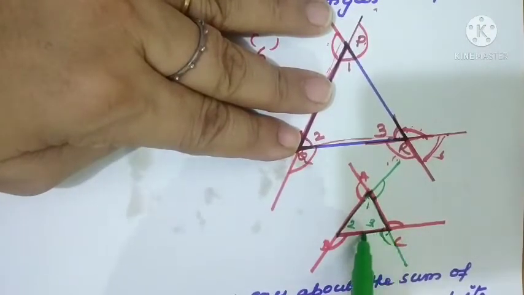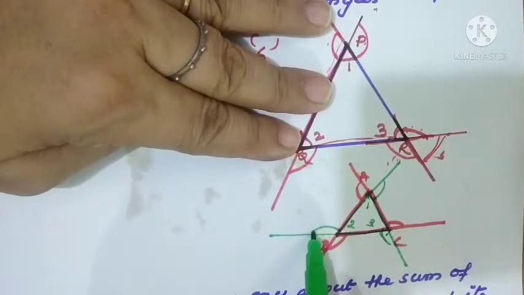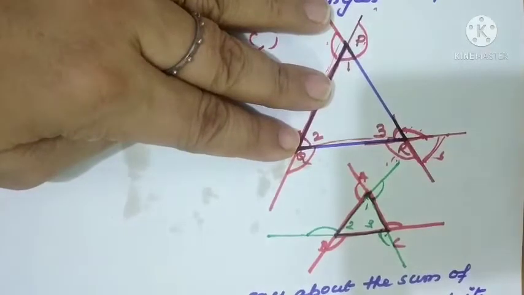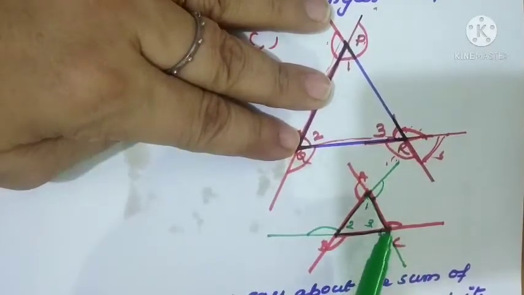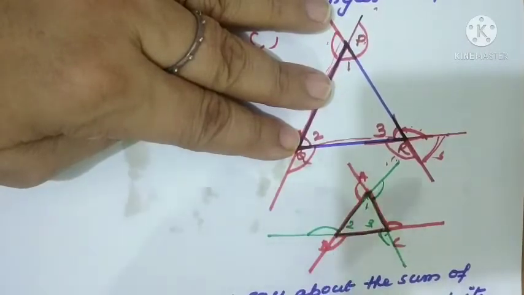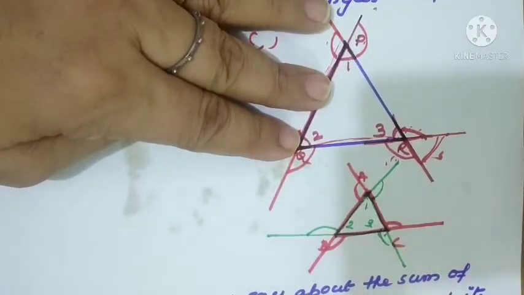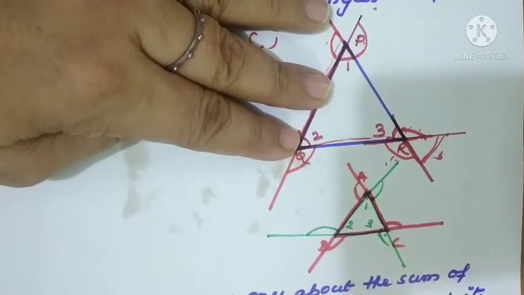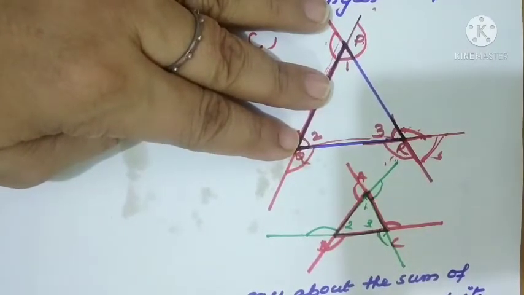Right? So we are getting the exterior angle here also. When we are trying, 3 green color you can see, 3 red color you can see. Why? Because it's a vertically opposite angle. So if you try, you can draw the 6 exterior angles for a triangle only. But when we are following a cyclic order, we should follow the same way. But the idea is that the exterior angle is formed outside of the triangle.